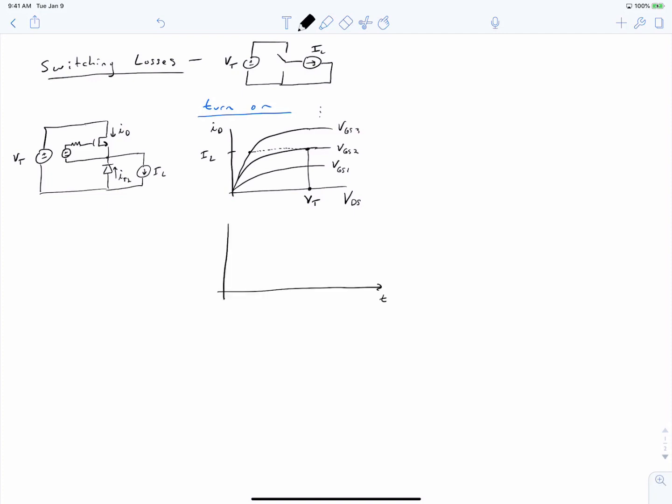So we're going to draw two graphs of the MOSFET terminal voltage and currents, and we'll label a couple times on these graphs. On the top graph, we're going to graph our gate to source voltage. And when we start off, we're going to assume that our MOSFET gate has 0 volts on it, and that the gate driver is trying to drive it to some nominal rated gate source voltage.